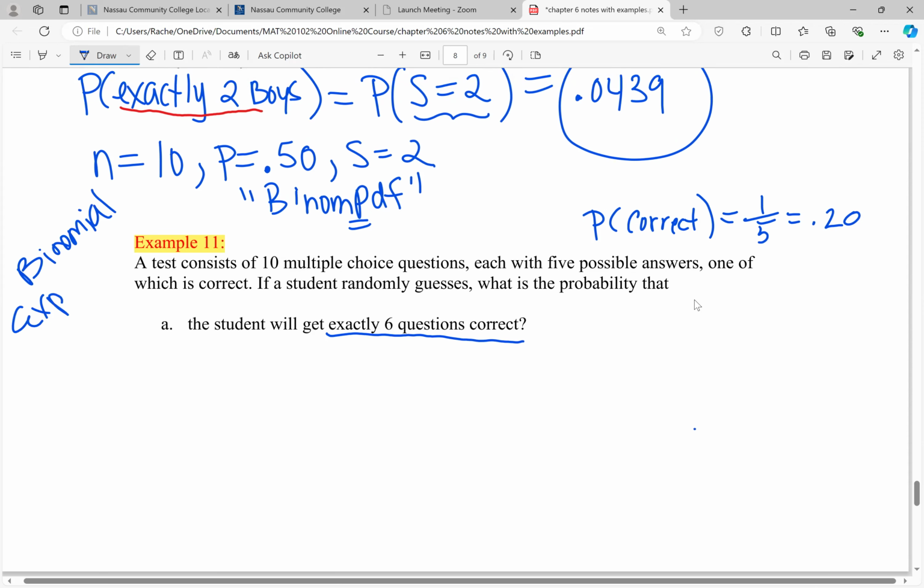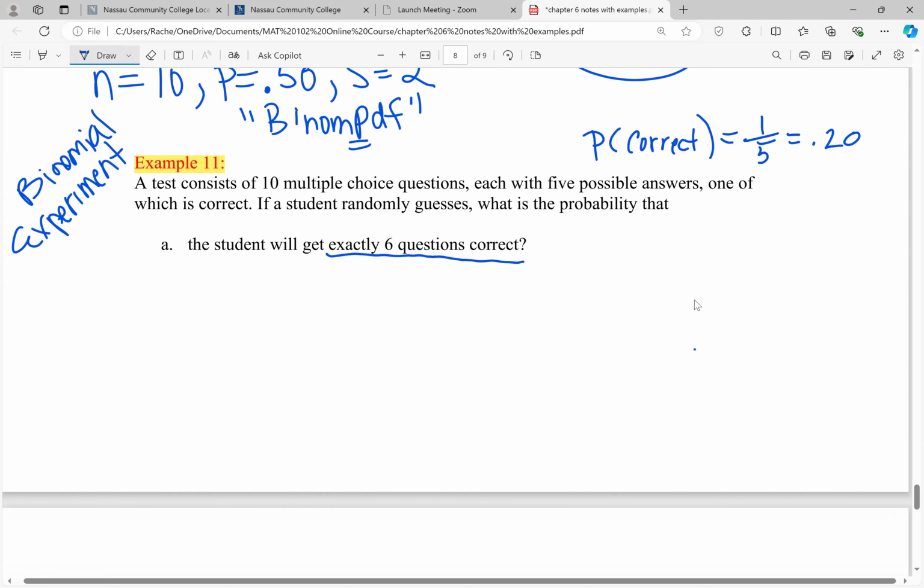So since this is a binomial experiment, I could use the binomial probability formula to answer these questions, which we'll do, but let's make the calculator do it. Let's use the binomial function in the calculator, but first we need to know our parameters, right? So we're considering a success if we answer correctly, right?